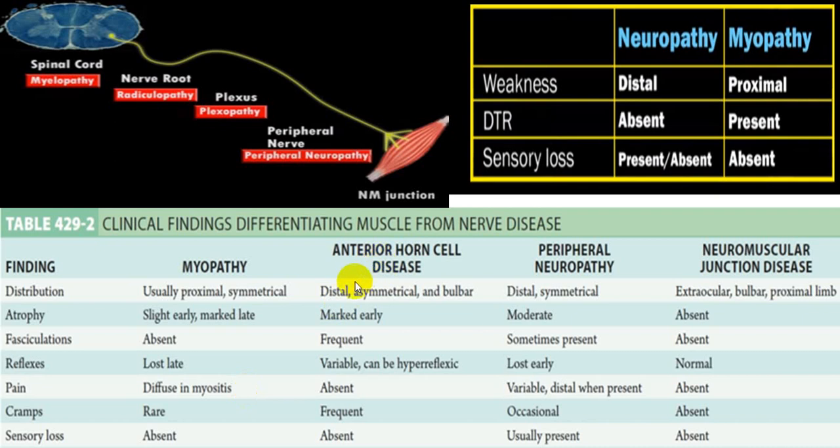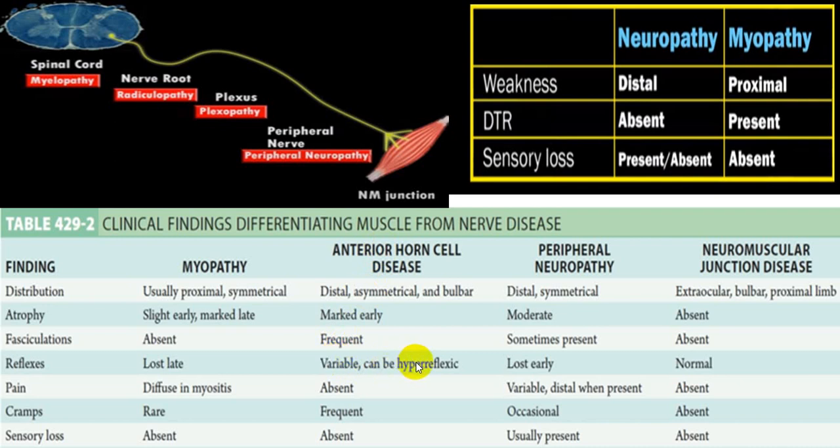In anterior horn cell disease, it will be usually distal lesion, asymmetrical, and marked in early stage. You will have atrophy. Fasciculation will be almost always present. Reflexes, depending upon the lesion, will be almost absent, because of anterior horn cell damage, it will be a lower motor neuron damage.